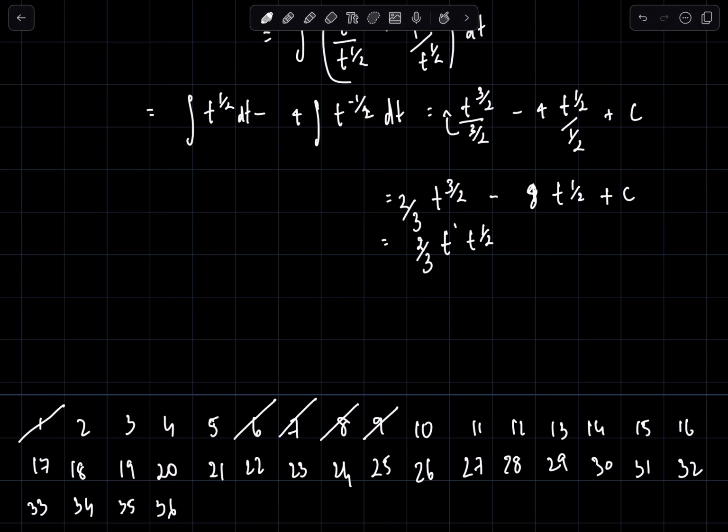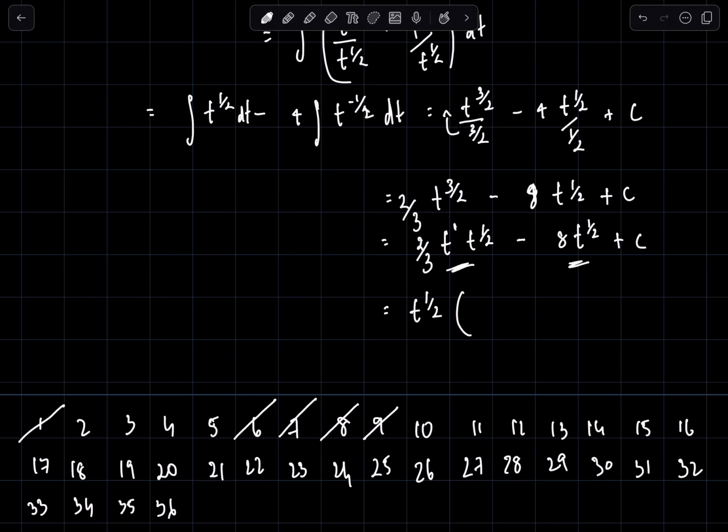So they separated the half and 1, minus 8 times t raised to the power half plus c. Now the common factor between these two is t raised to the power half. So they took t raised to the power half as a common factor.